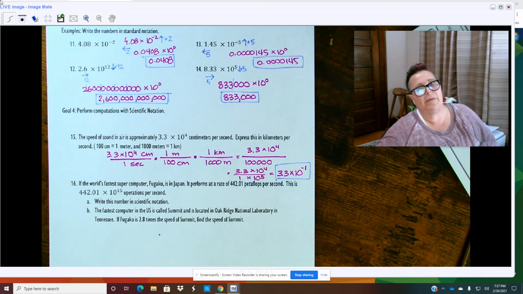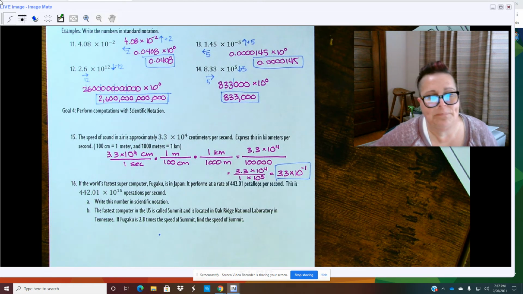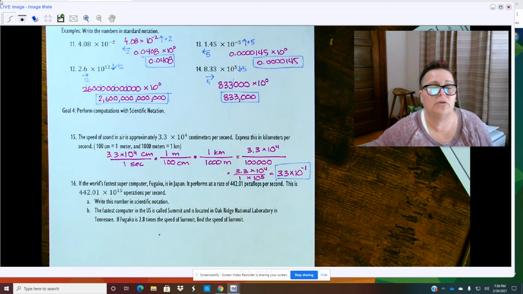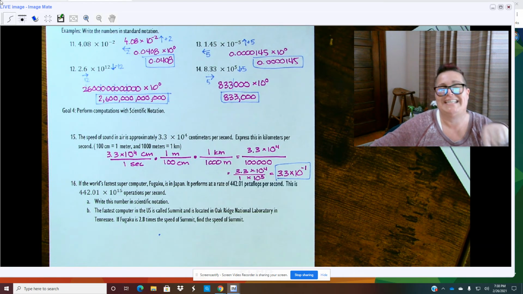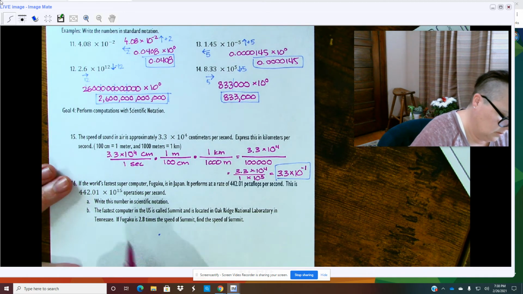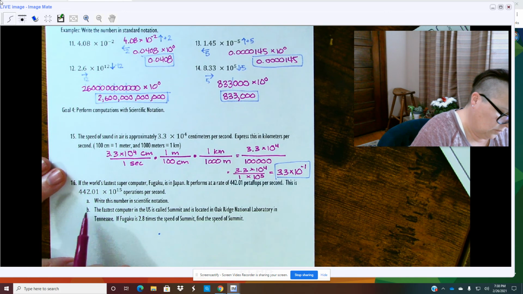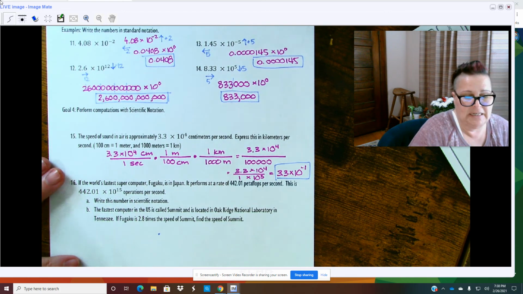Now, a petaflop is the same as 442.01 times 10 to the 15th operations in 1 second. So what number is that? 442.01 times 10 to the 15th? Oof. Write this number in scientific notation.